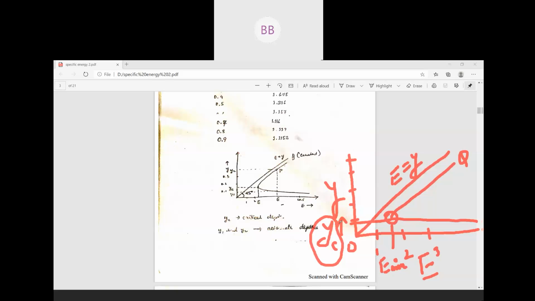It's not zero, it's minimum. The specific energy is minimum for a given discharge, and the flow that occurs at that particular depth is called critical flow condition, or you can say critical flow.